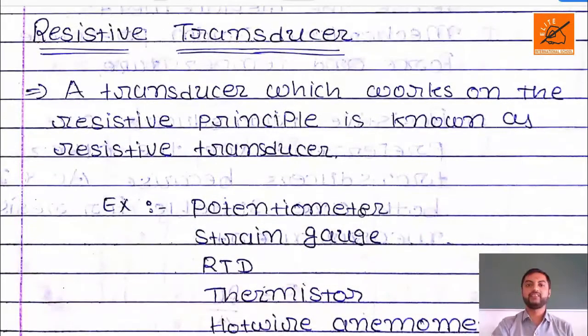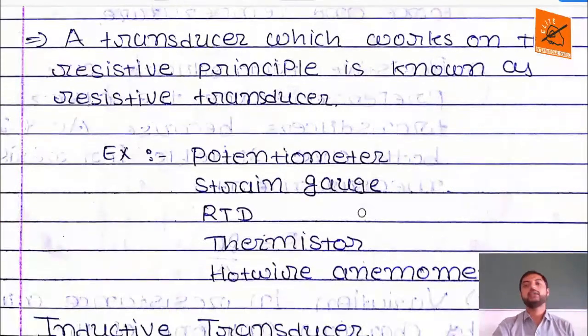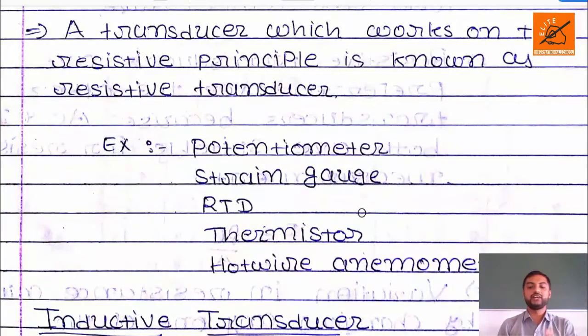Next topic is resistive transducers. Resistive transducers are the transducers which work on the resistive principle. Its primary principle is the resistive principle. Like in 12th or in your previous semester you have learnt about the potentiometer.